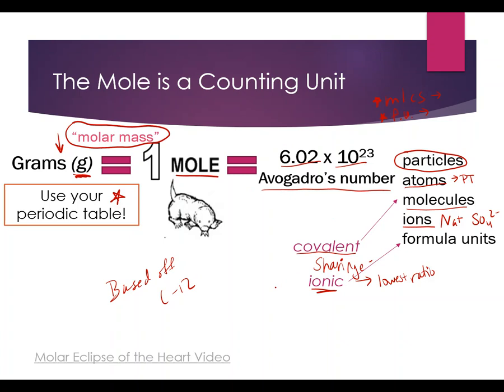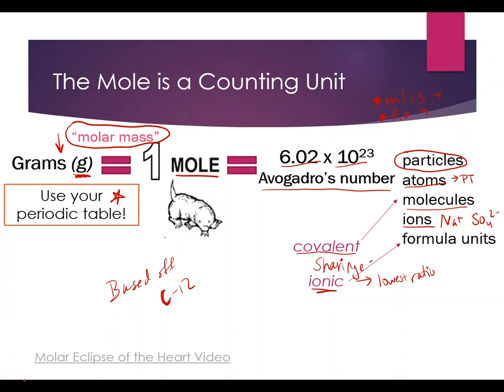So that's where Avogadro's number is based. It used to be based off of oxygen, but then they recalculated it, and that number is constructed off of carbon-12. That's a little fun fact that a lot of people don't really know or pay attention to.